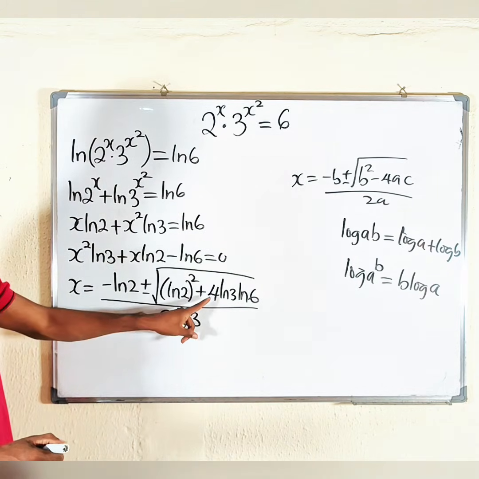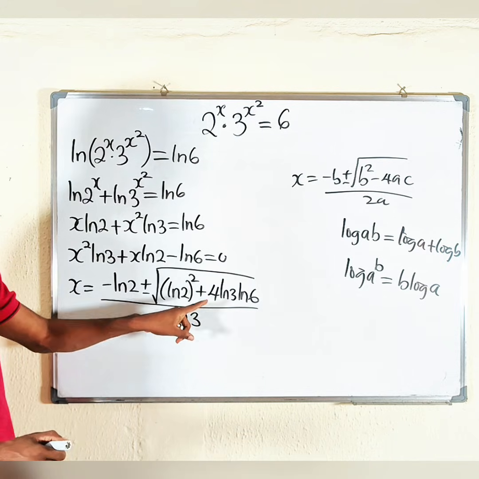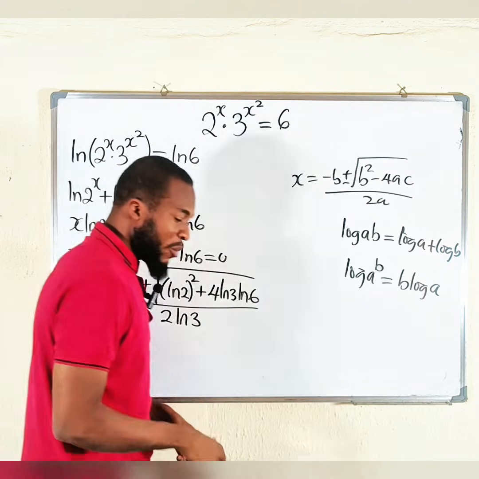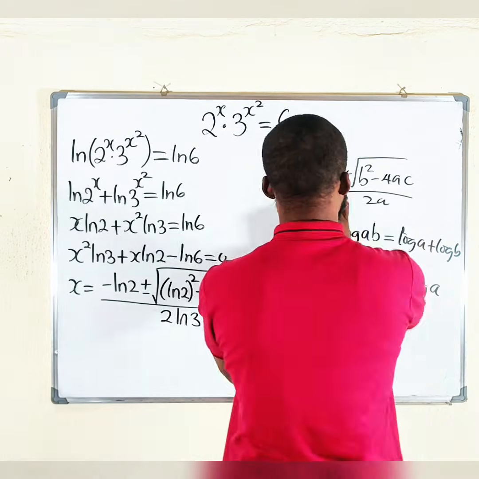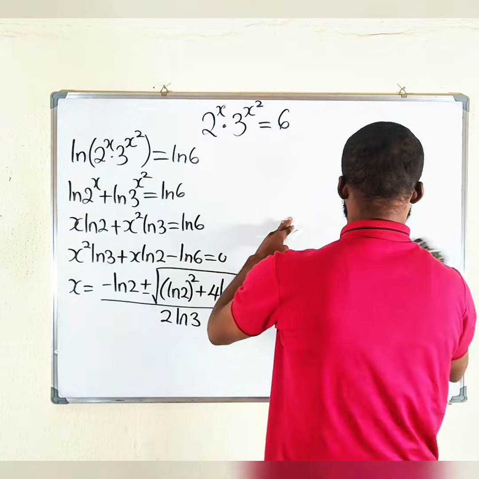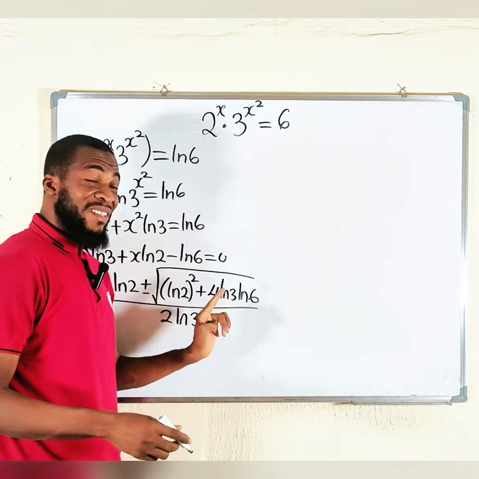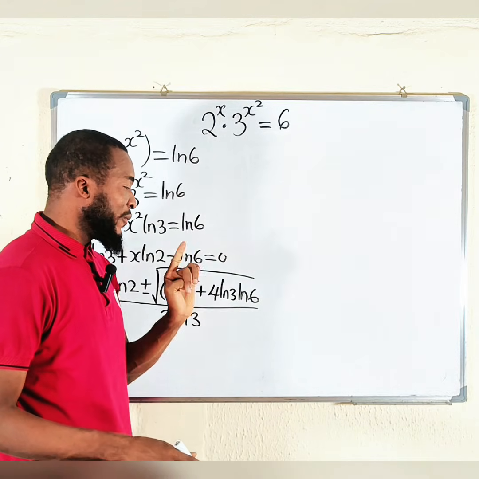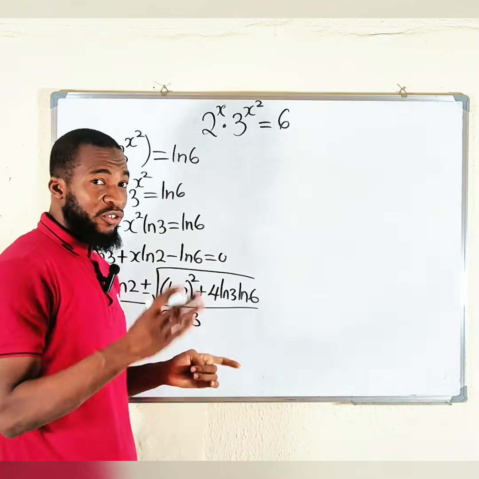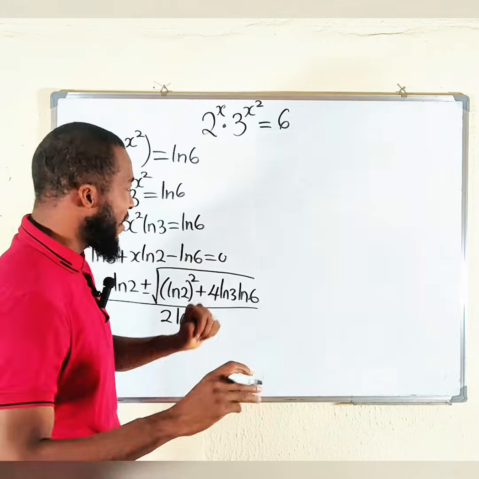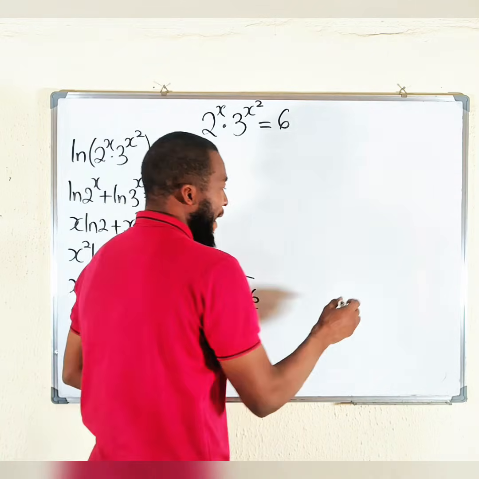Now I would like to simplify the content of this square root before we come back. Let me do that here. You should know that natural log of 6 is the same thing as natural log of 2 plus natural log of 3, or natural log of 3 plus natural log of 2, all the same. Why?